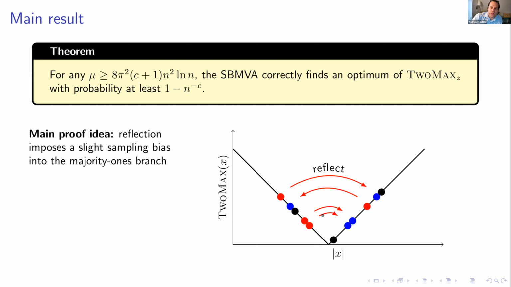After doing this reflection, there's going to be a slight bias to end up on the majority ones branch. Okay, and so as long as that's true, then all we need to do is show that for large enough mu, we have enough mass over here on the majority ones branch that the vote will direct us right to the optimum here. Okay.